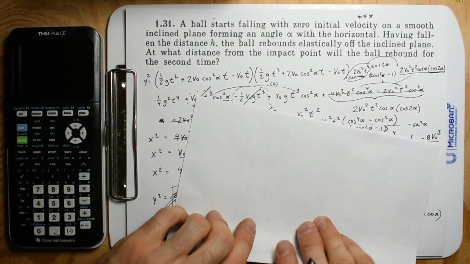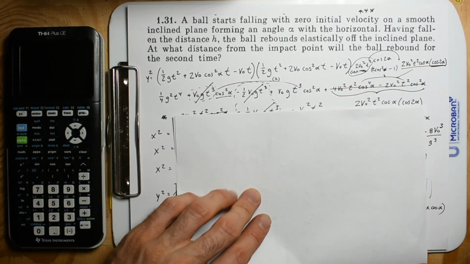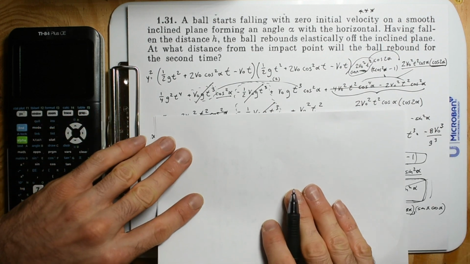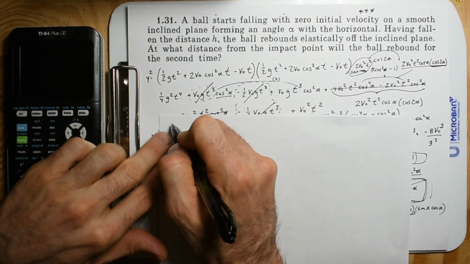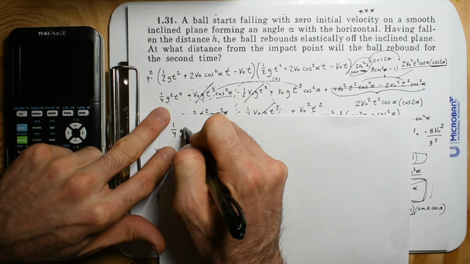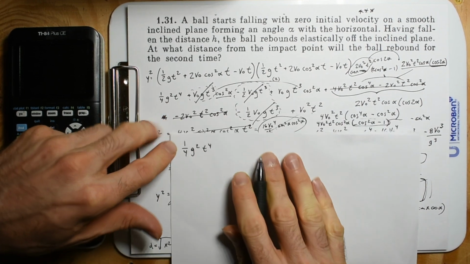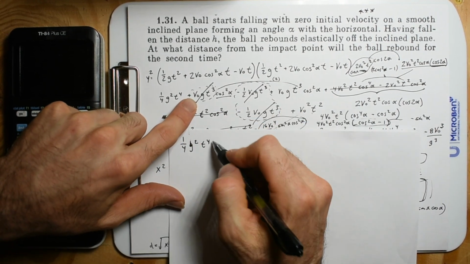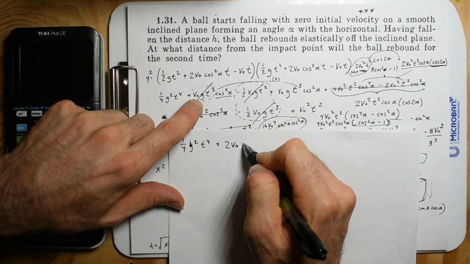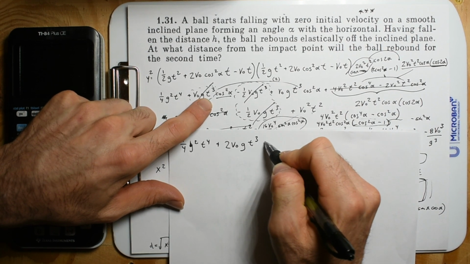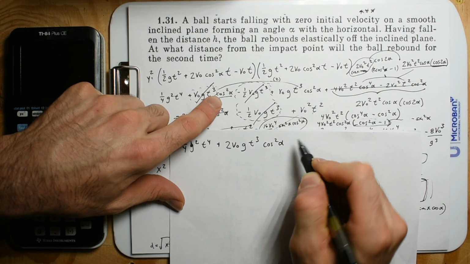All right, let's do this. So what terms do we have? We have 1/4 g squared t to the fourth. We're going to have 2 of these plus 2v naught g t cubed, and this is cosine 2 alpha.